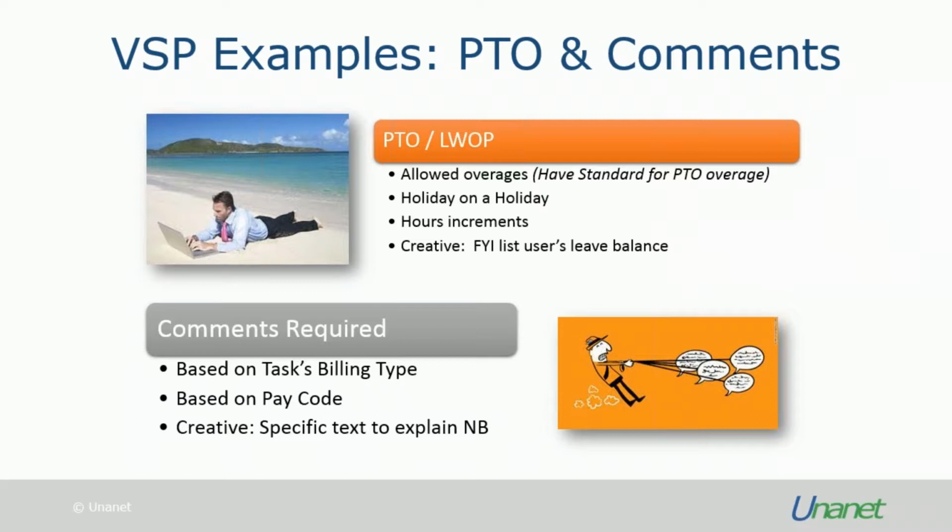So this VSP offers you the option of checking if the person has gone above their allowed PTO time, and then you can have an upper limit: I want to allow my user to go 10 hours above their allocated PTO time, but not more than that. So, you have all the permutation combinations for PTO overage that can be built in for your needs. This is a standard one, but other than that, we can create any custom ones, as I told you.